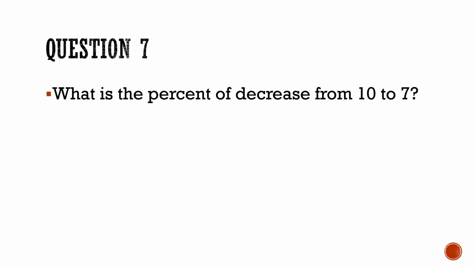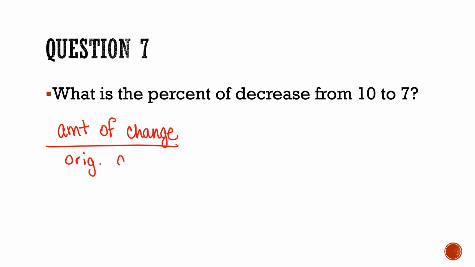Pause your video and try question 7. To find your amount of change, you're going to do 10 subtract 7, which is a change of 3, over your original amount, which was 10.